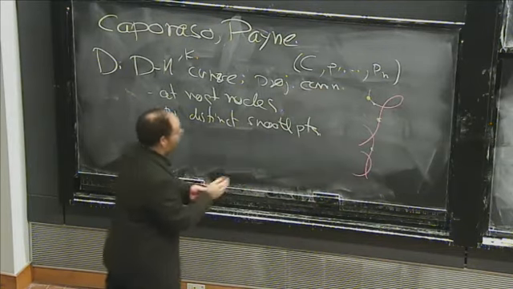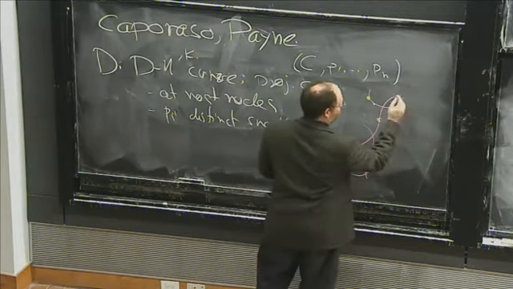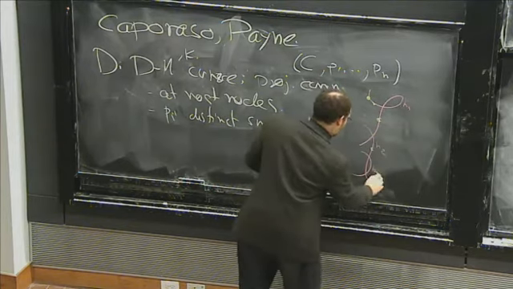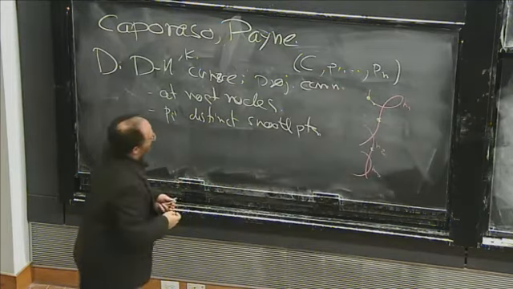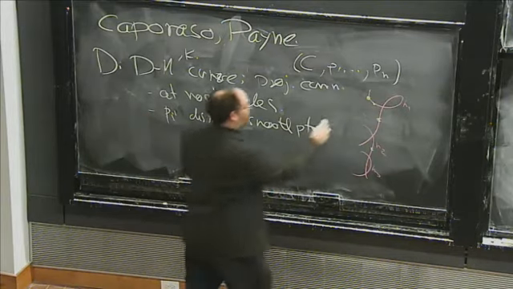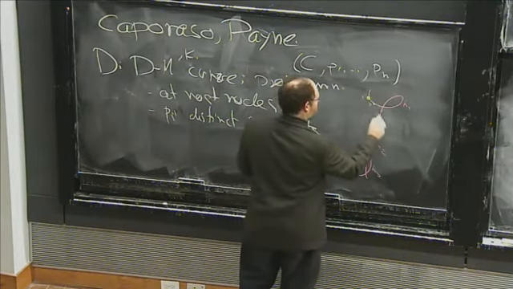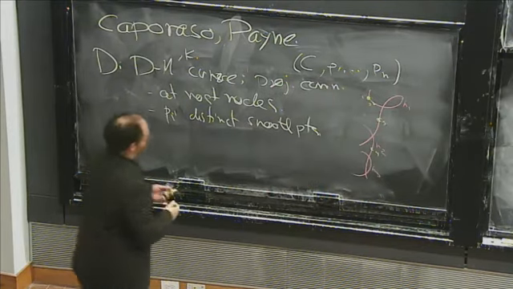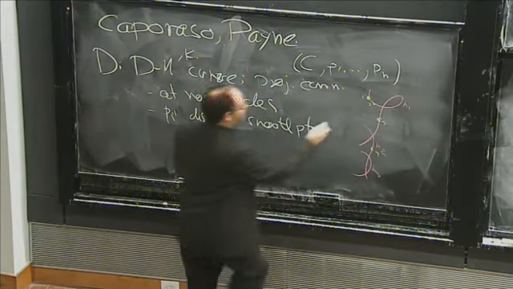And the components should have their own genera, let's say h1, h2, h3. And the marked points should be numbered. And here are the nodes.